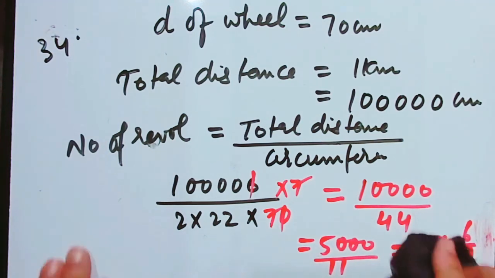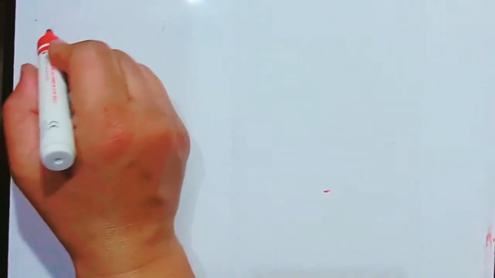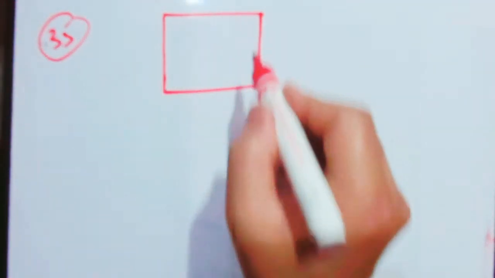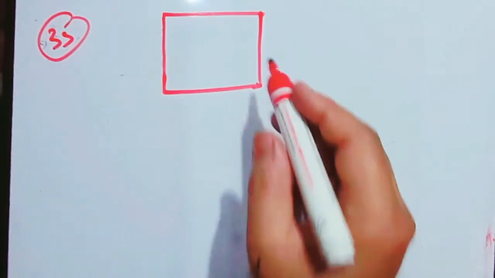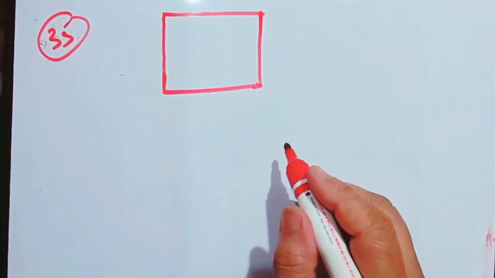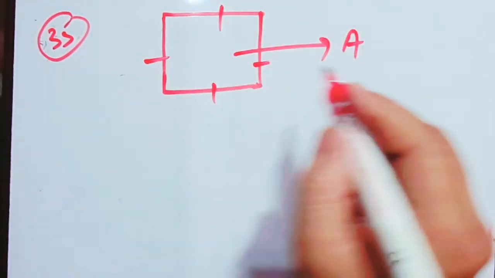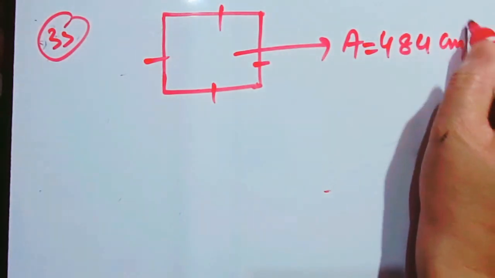Come on, let us move on to the other one, number 35, which says a metal wire when bent in form of a square. This is a square. It is made up of a metal wire, of largest area, encloses the area. They have given you the area of this square as 484 centimeter square.